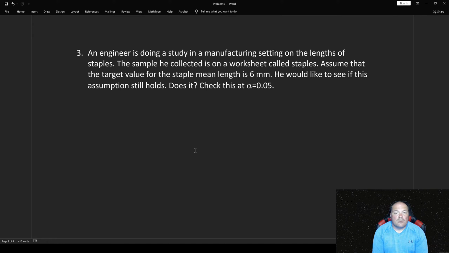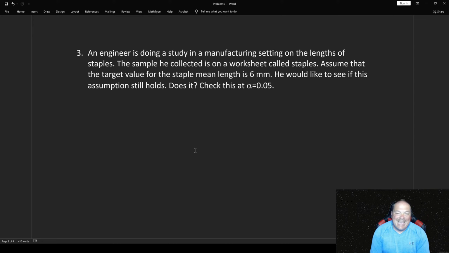Now, you should be able to see that this is a hypothesis test. The reason is that we have something they're calling an assumption, and the assumption in this case is that the mean length of staples is 6 millimeters. Now they're asking you if the assumption still holds.